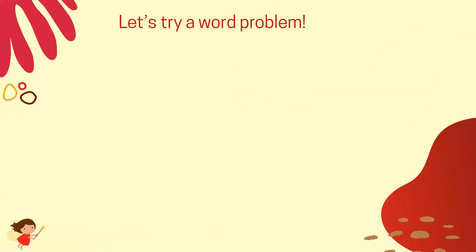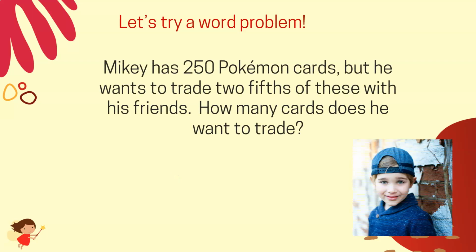Okay, let's try a word problem. I know these are the ones that can get confusing. Mikey has 250 Pokemon cards, but he wants to trade 2/5 of these with his friends. How many cards does he want to trade? Well, the first thing we've got to do is work out what is the most important information in this word problem for our calculation.